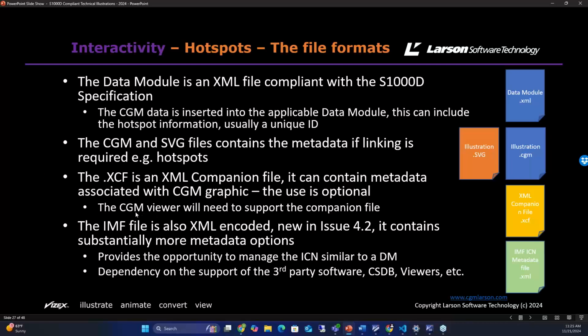One thing here is that the viewer would have to support that companion file. So not all viewers do support the companion file, so that's worth noting. And then the IMF is the final part, which was introduced back in 4.2, which really gives an opportunity to add a lot more metadata to the ICN, to the illustration, to manage it. As I said, I'm not really aware of anybody using that at the moment.